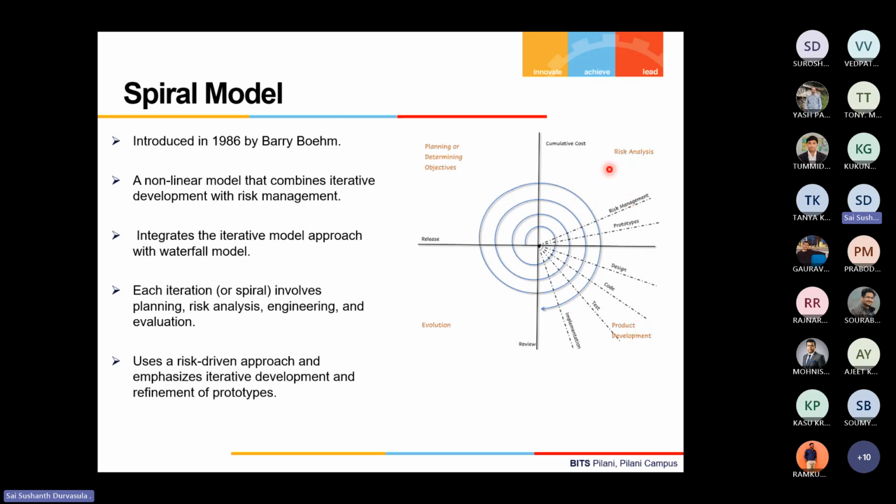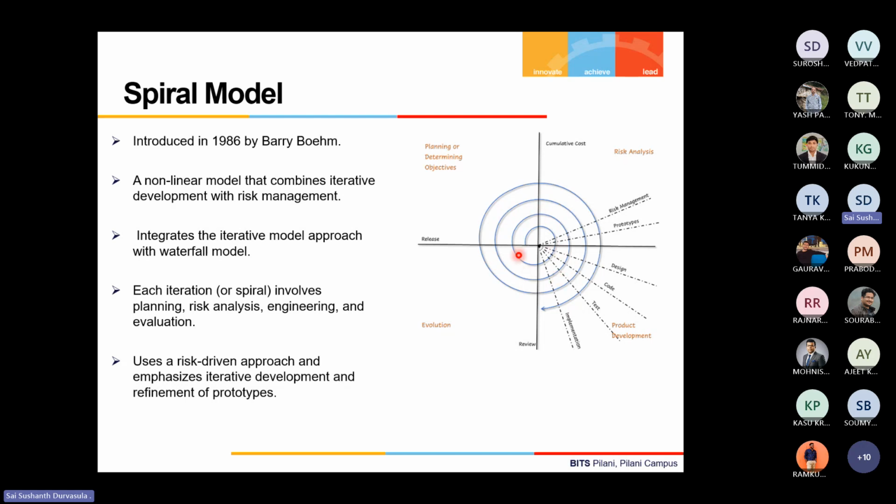So the key idea here is to bring that as a dimension to look at and include it as part of the software development lifecycle. So it integrates with the iterative model approach, but in each iteration that we are going through here, right?